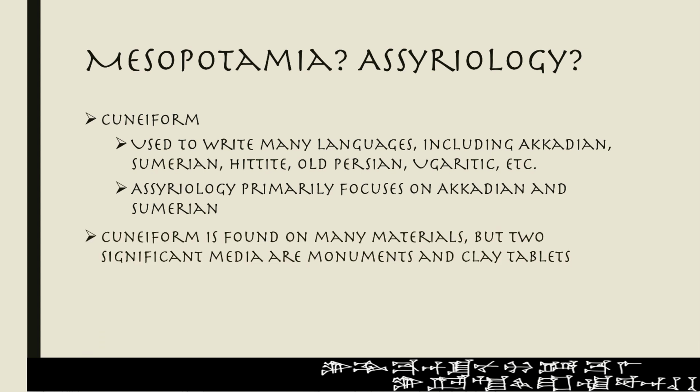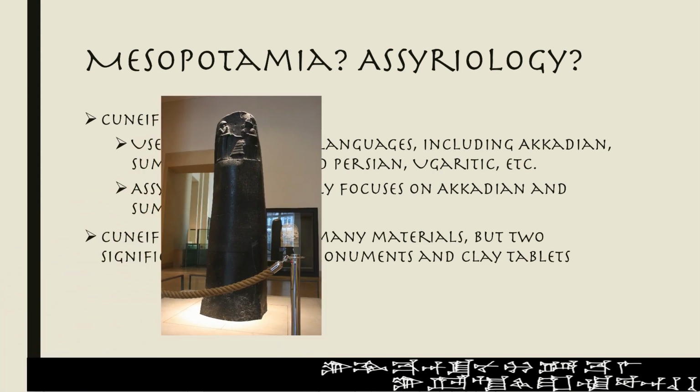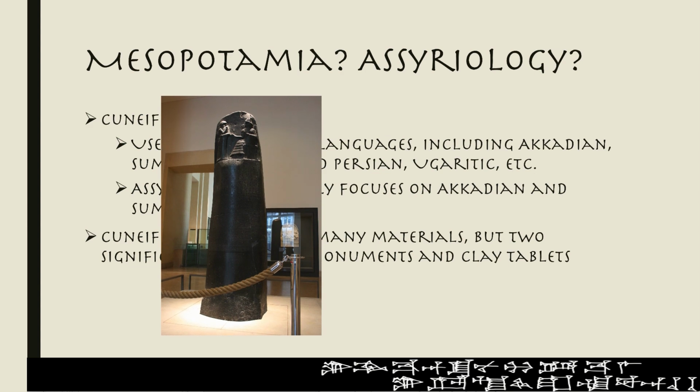So cuneiform, this wedge-shaped writing, is found in Mesopotamia on many media, but two significant media are monuments and clay tablets. When you think about ancient Mesopotamia, you often think about these very impressive monuments, these statues, these reliefs that have cuneiform on them.